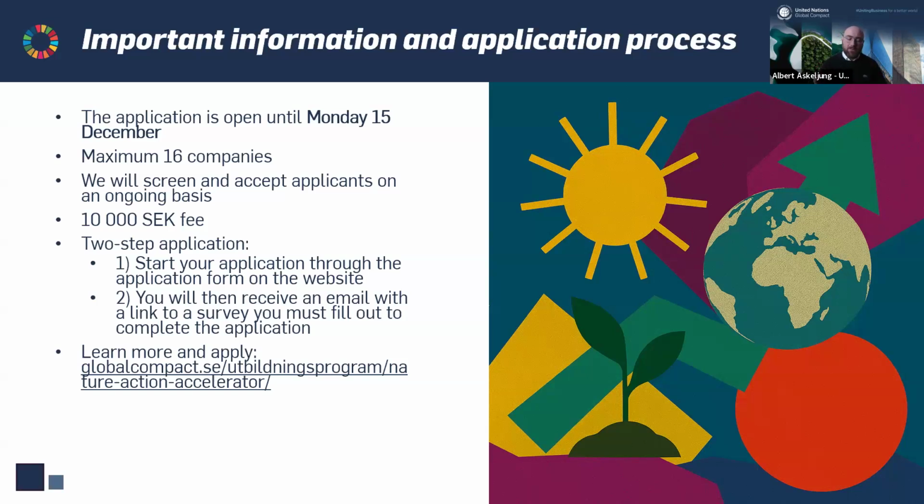This program has been developed from scratch, more or less, here in Sweden, by us in the Young Global Compact Network Sweden. And that's also why we do have this commitment fee of 10,000 kronor, just FYI. Again, you can learn more and read about the program, some FAQs as well, and most importantly, apply on our website, globalcompact.se.